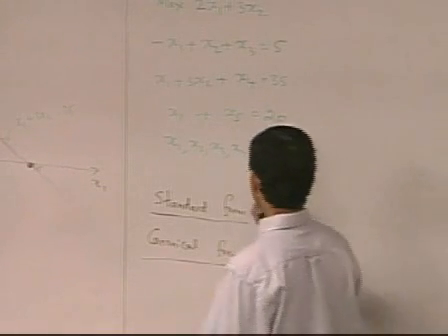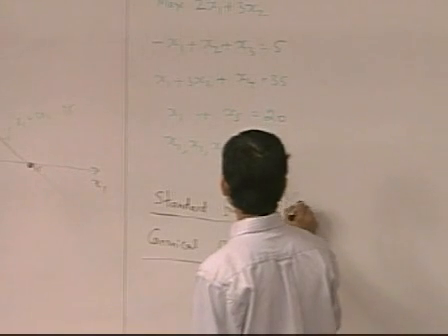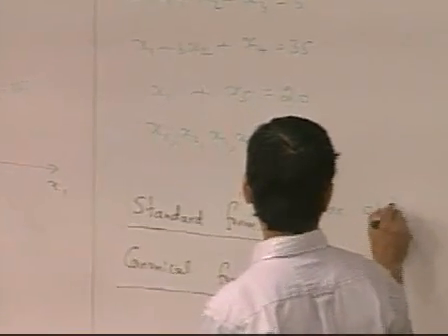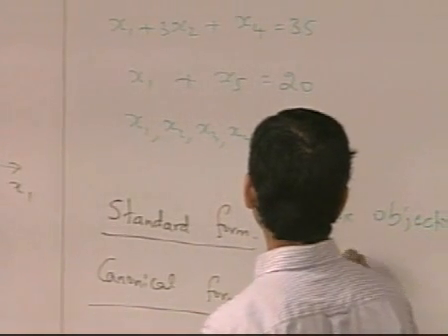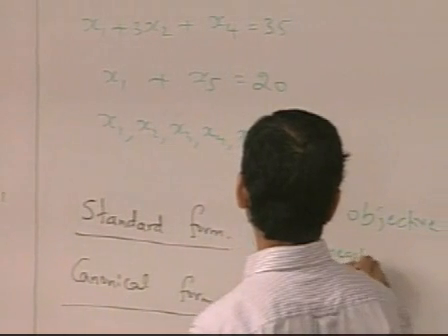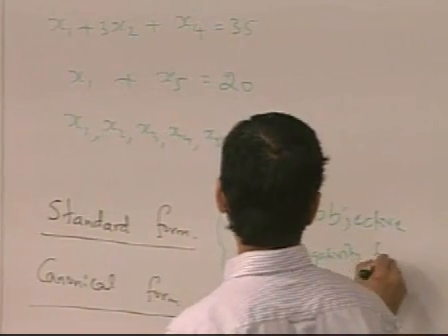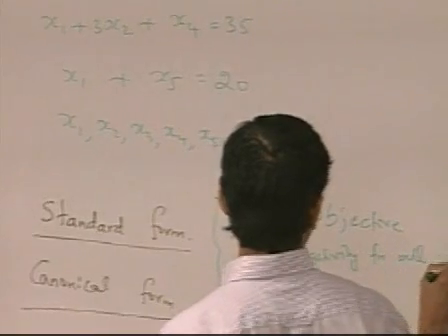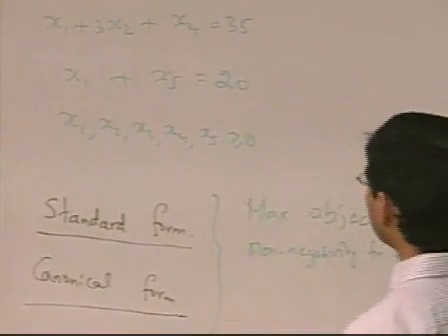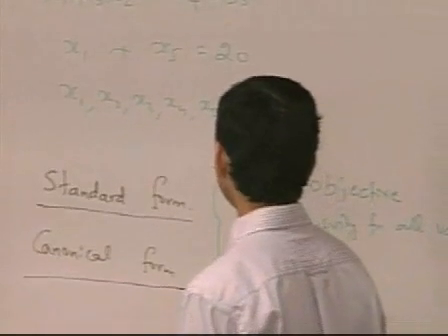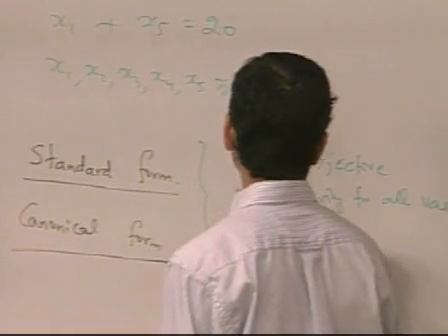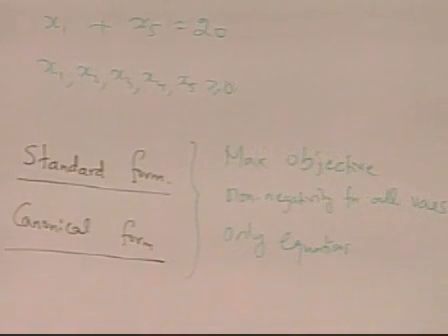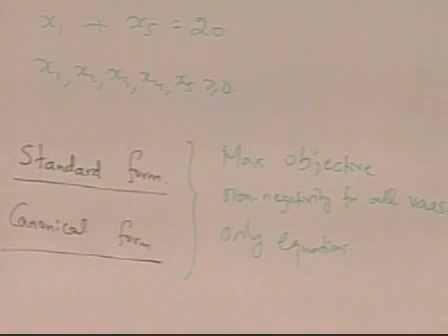So this just means maximization objective, non-negativity for all variables, and only equations. What do you mean by only equations?